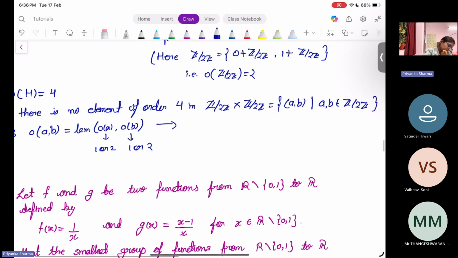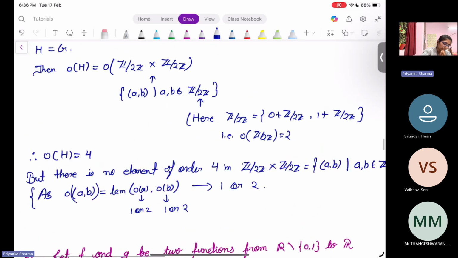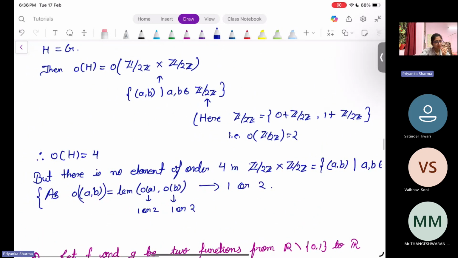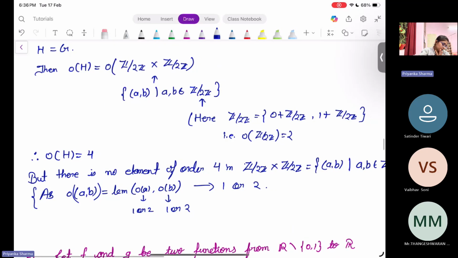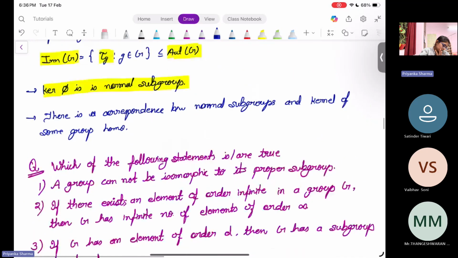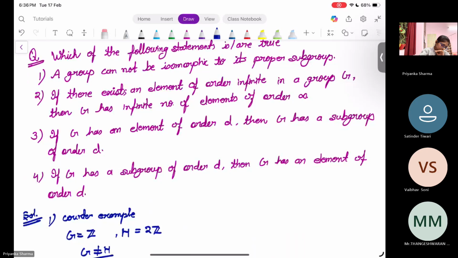So the order of (A, B) can be 1 or 2. You cannot have another option; the order cannot be other than 1 and 2. So the fourth statement is not true. So the first one is false, the fourth is false, and these two are correct.